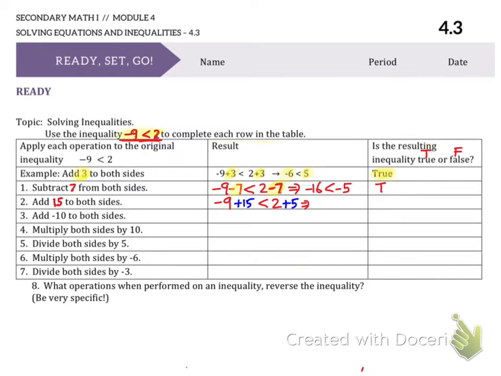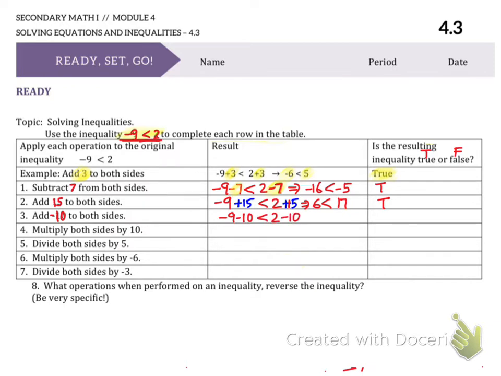I get -9 plus 15 is 6, which is less than 2 plus 15, that's 17. So again, 6 is less than 17. That's true. Now you need to add -10. Let's see what happens if I add -10. So I have to do -9 minus 10 is less than 2 minus 10.